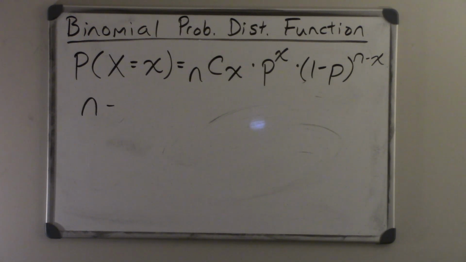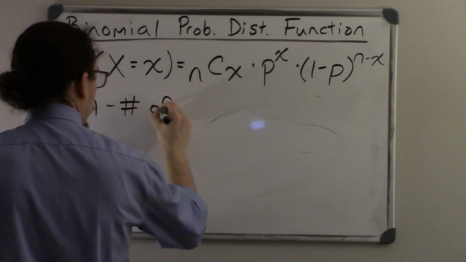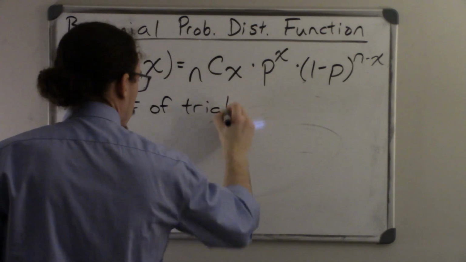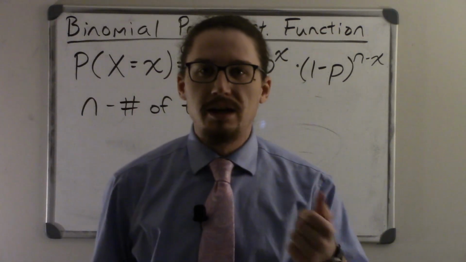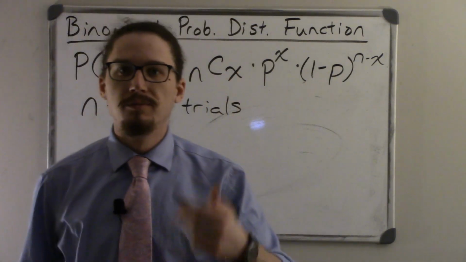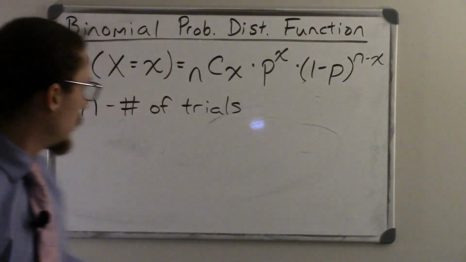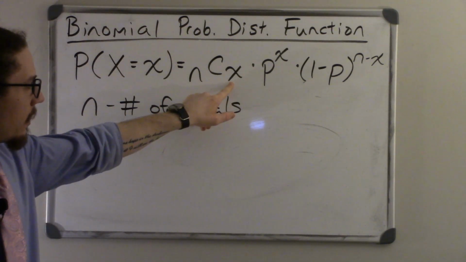Our experiment as a whole is made up of n identical trials. So if we're flipping a coin 3 times, n would be 3 because we're flipping the coin 3 times. So n is the number of trials.